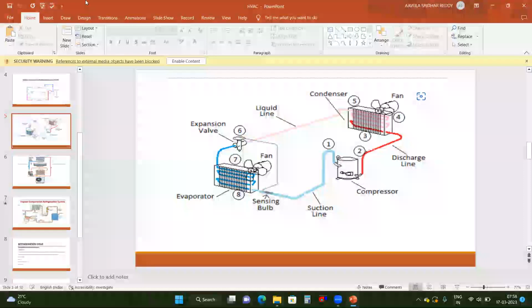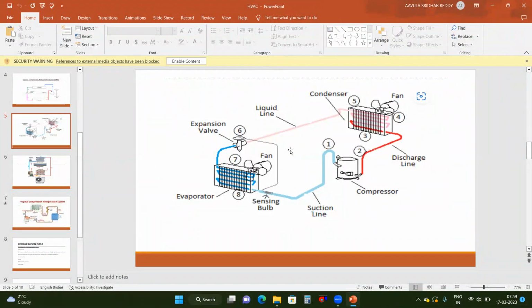Let us take the example of a split AC. The split AC comes with an indoor unit that we keep inside the room, and an outdoor unit that we generally hang outside the room. In the outdoor unit we will have the compressor, the condenser, and also the expansion valve. These three will be in the outdoor unit.